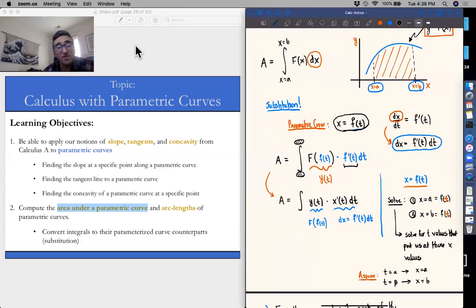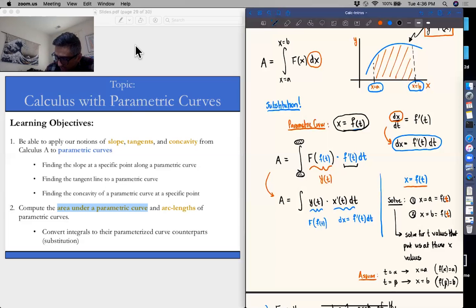So again, what we're basically assuming here is f of alpha is equal to a, and f of beta is equal to b. Just to make sure we're on the same page, we solved when x is equal to a, we solve for that t value, we solve for the t value that lands us at the point x equals b.